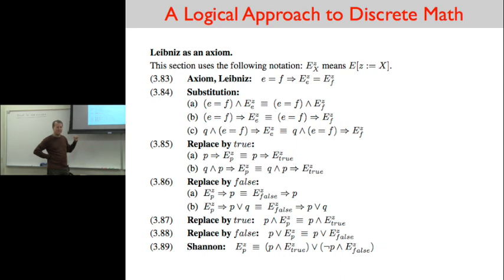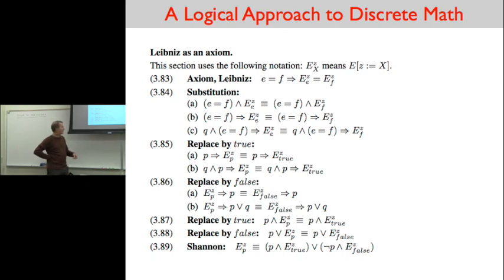Does that make sense? When you say P and this, you're saying P is true and E with Z replaced by P is true. But if P is true, then E with Z replaced by P has to be the same as E with Z replaced by true. I'm just trying to get you to feel what it says.